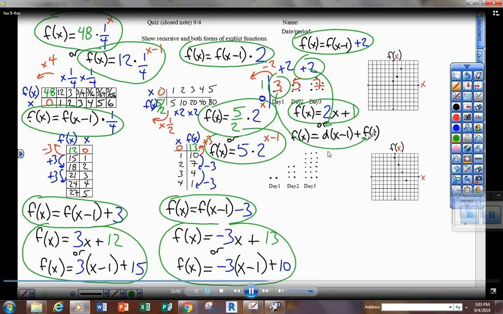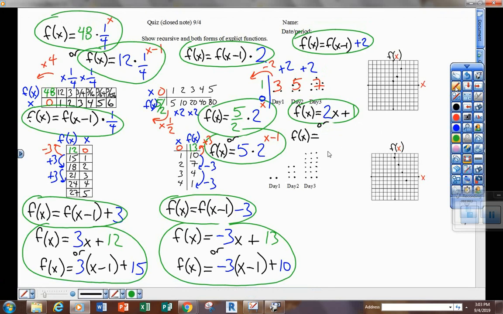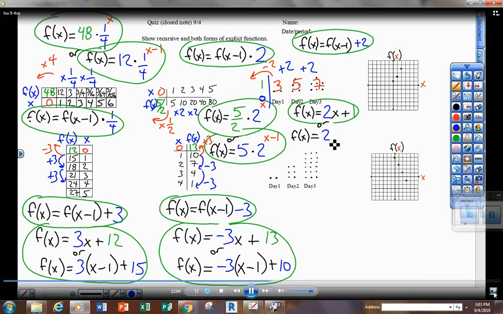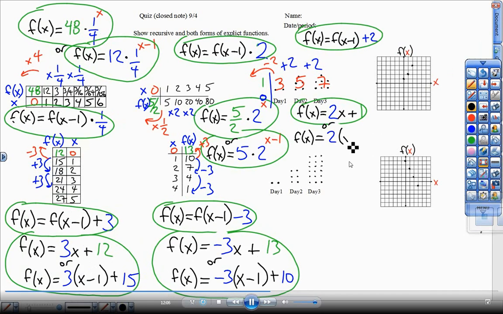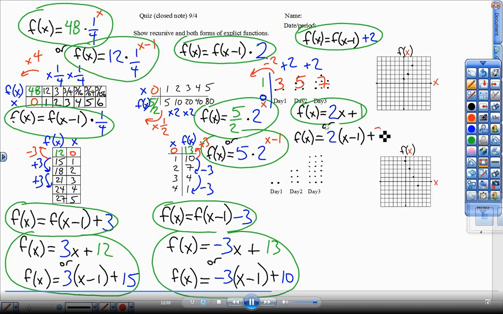So my final answer for that explicit form, using the f1 term, would be 2 times x minus 1 plus that 3 right there. And of course, 2x minus 2 plus 3 gives me 2x plus 1. Those are equivalent. Same answer if you plug in for x.